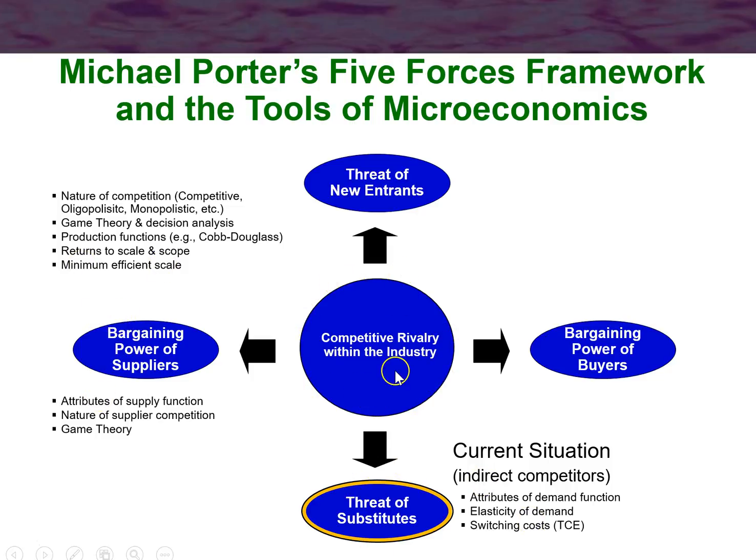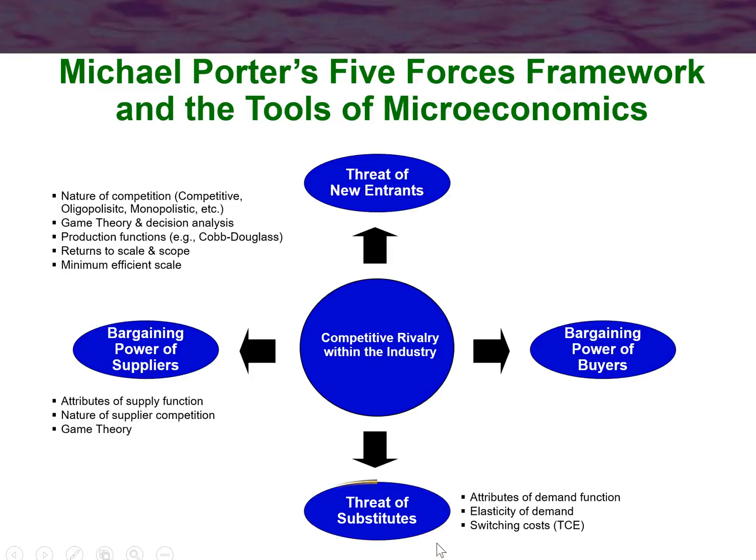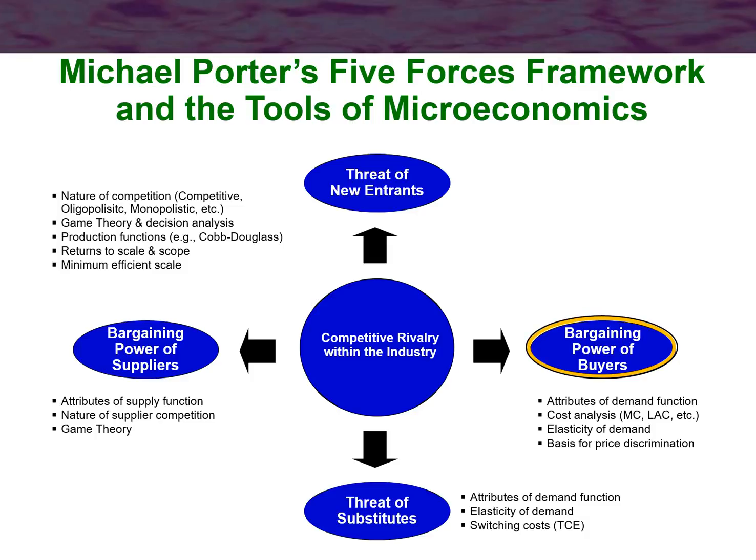Again, this is direct competitors, this is indirect competitors. What about bargaining power of buyers? This looks at the demand function. It looks at certain costs, elasticity of demand. This is your current situation based upon demand. So this is supply, this is demand.